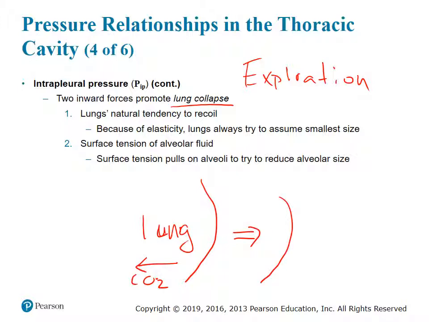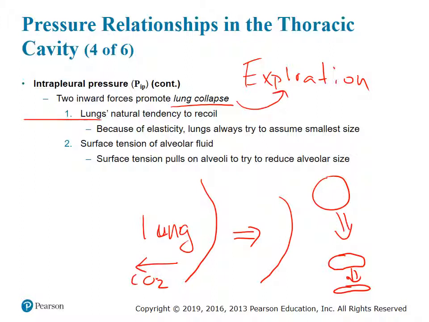Because of that, all the alveoli would decrease and blow the air out. So we have two forces, basically two conditions here that actually help promote lung collapse, which is actually a good thing. This is what we need to expire.